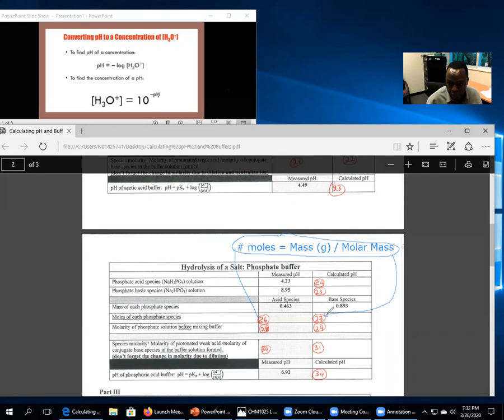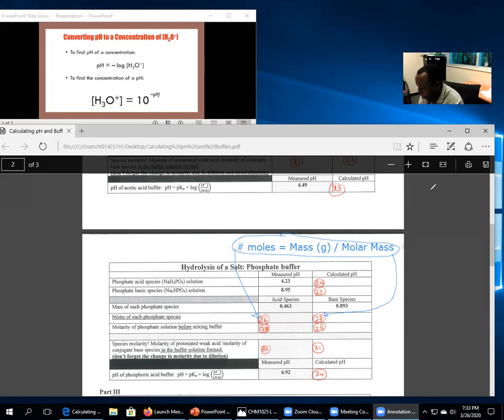So how will I find the mass? Look at page 149, please. You have the molar masses of each species. Molar mass of the acid is 137.99.